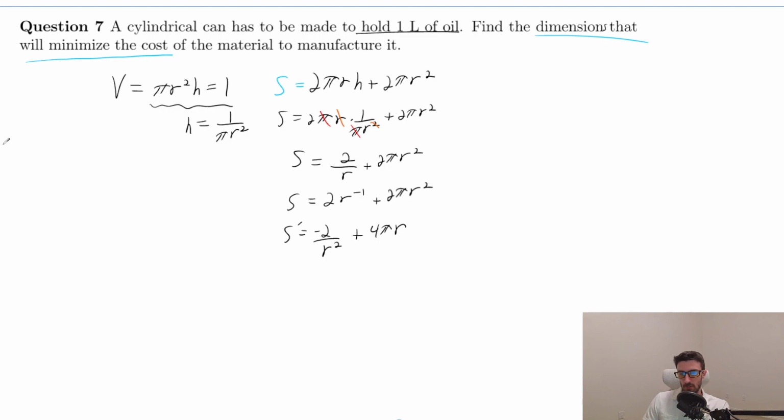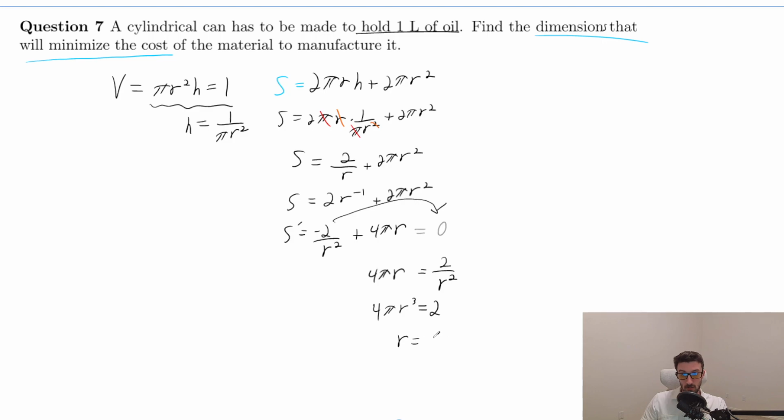Now that I've done that, I want to set this equal to 0. That means I'm going to move this term to the other side. So it's going to be 2 over r squared, positive this time, equals 4 pi r. Now I can cross multiply and get 4 pi r cubed equals 2.